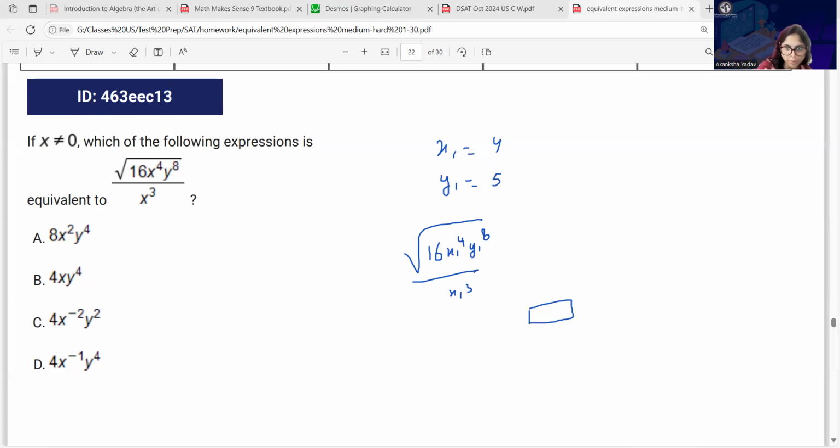And now you type all the options. And we'll be writing equivalent, not equal to, because x1 cannot take equal to. And wherever these two match, that is going to be your answer. Okay?